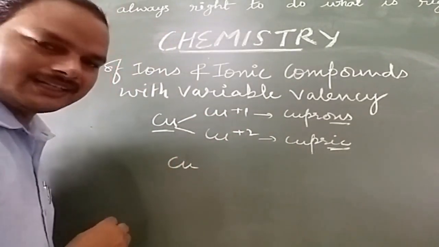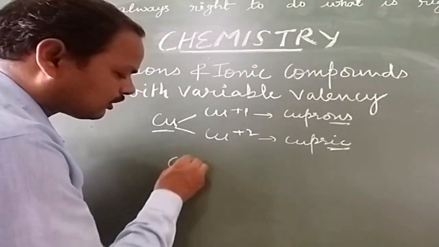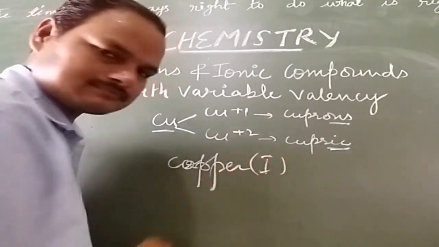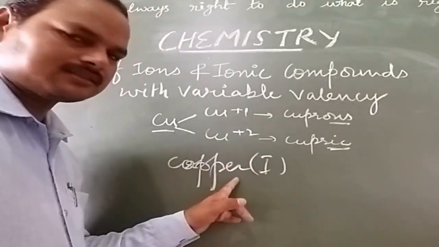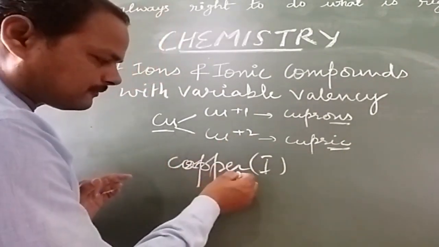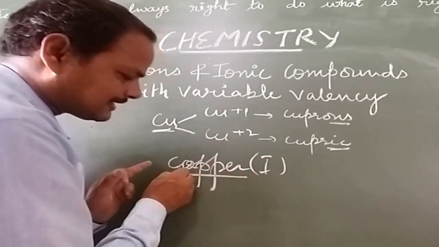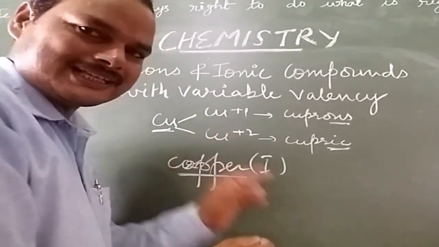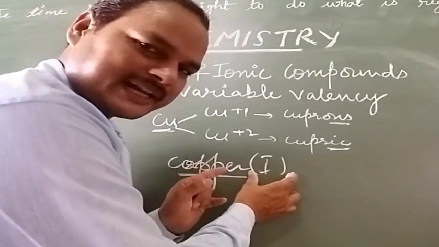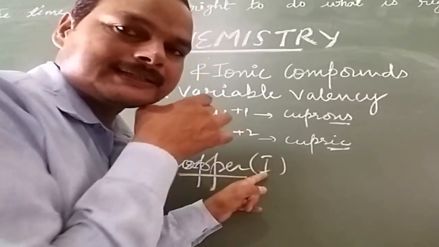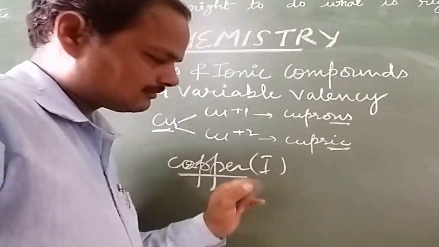The name of this ion will be written as copper first. Why? Because according to the new convention, the name of the metal is written in the same way in the name of the ion also, but the valency should be written within brackets just after the name in Roman numerals.